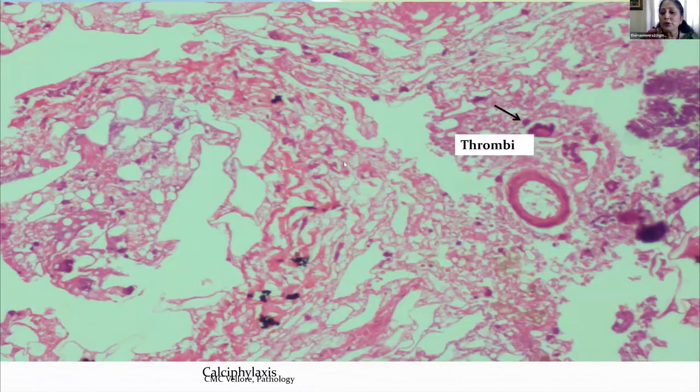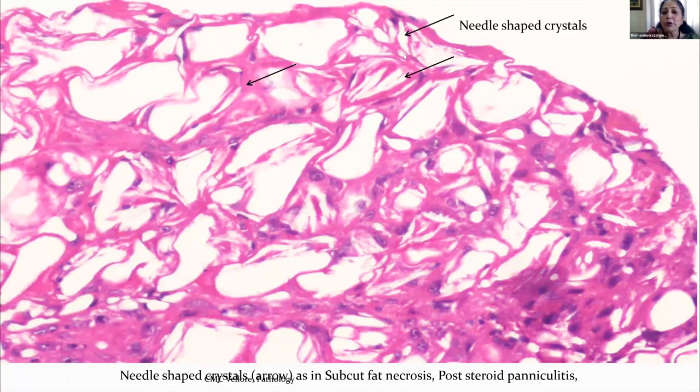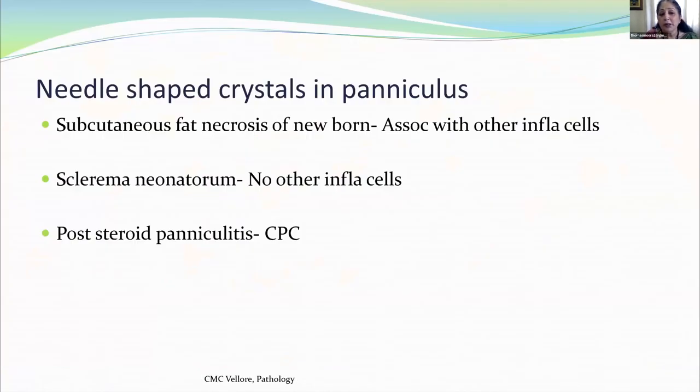You must also look for thrombi within blood vessels, where you can see it in DIC or in a cryoglobulinemia, where you may have a lot of plasma cells as well. Or you look for needle-shaped crystals, which you can see both in subcutaneous fat necrosis of newborn and post-steroid panniculitis. But remember, in sclerema neonatorum, where again you can see these needle-shaped crystals, there are hardly any other inflammatory cells.